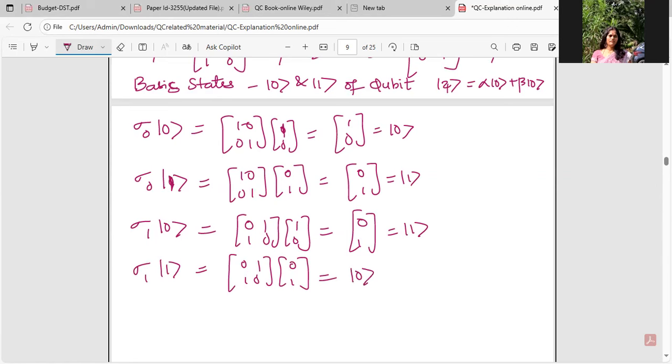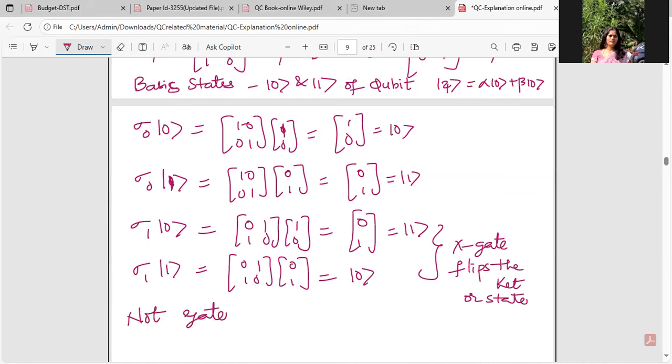That means if I'm passing ket 0 through the X gate, I'm getting ket 1, and if I'm passing ket 1, I'm getting ket 0. So the X gate flips the ket or the state. That's why it is like our NOT gate.